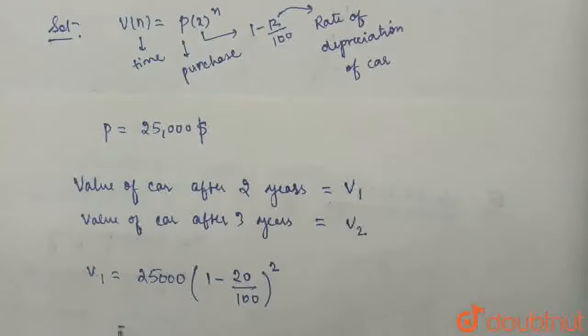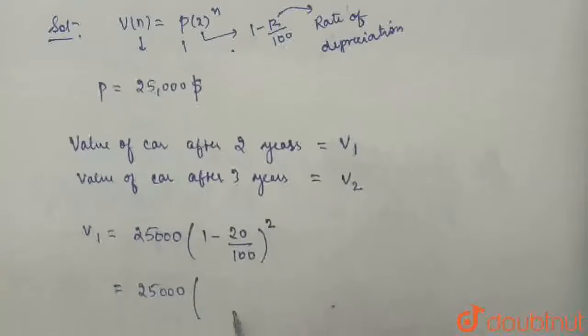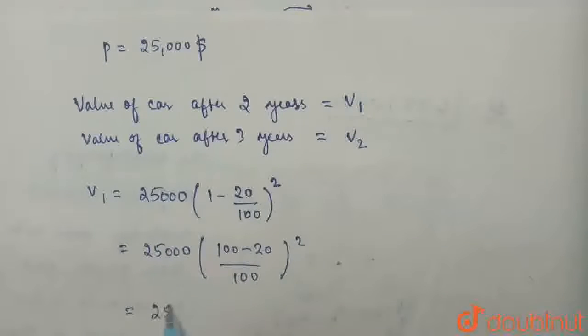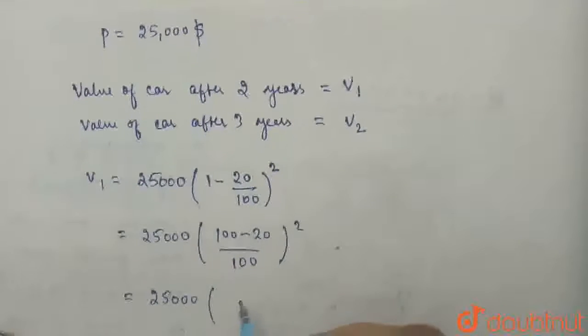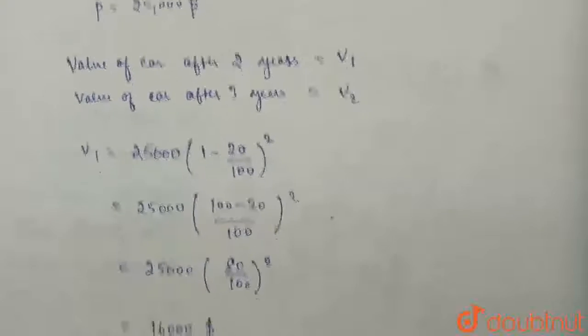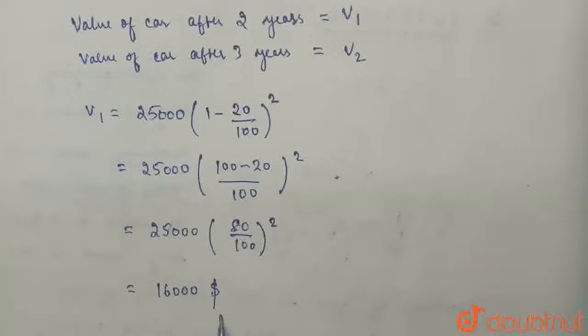So now 25,000 multiplied by (100 minus 20 upon 100) raised to power 2, which is equal to 25,000 multiplied by (80 upon 100) raised to power 2. On solving this, we will get $16,000. That is, the value of the car after 2 years is $16,000.